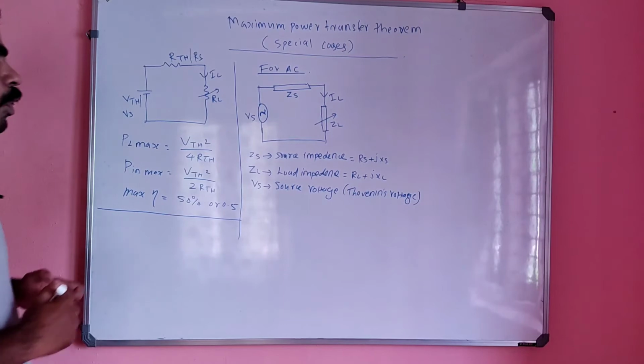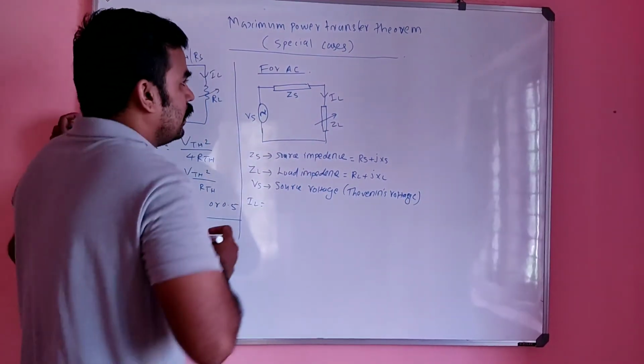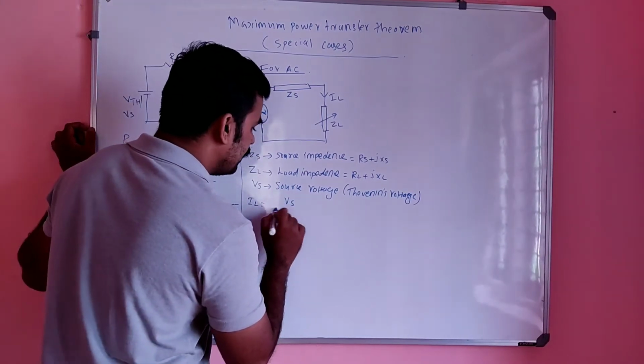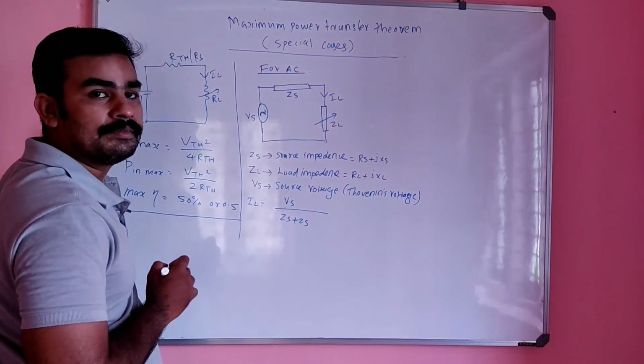So what is the value of IL here? IL is nothing but Vs divided by Zs plus ZL. Is it correct?